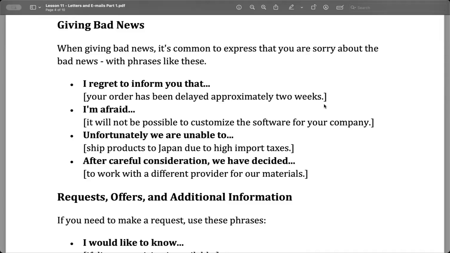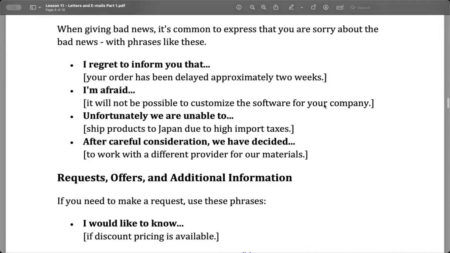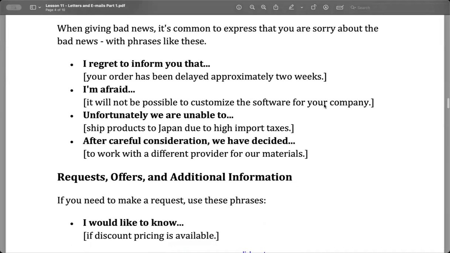Teacher, what is this? Approximately. It's kind of approximate. Approximately 2 weeks. I'm afraid it will not be possible to customize the software for your company.